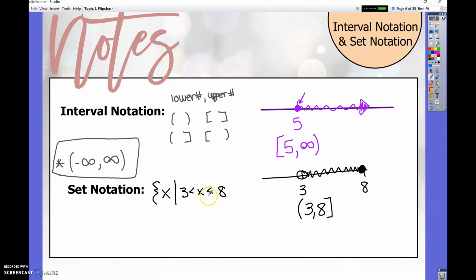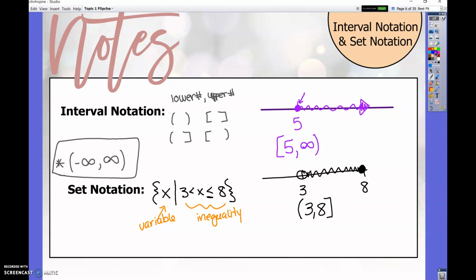I do need the filled in circle, so I need the bar underneath there, and I close my braces. Now I did do an example there fairly quickly, but this is just your variable you're using, and likely it's x most times. This is what we call your inequality. Maybe remembered by your alligators.